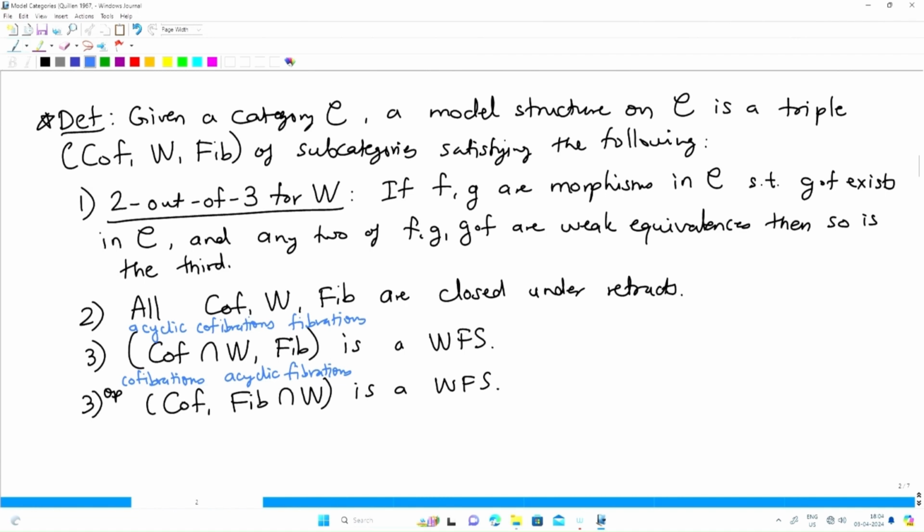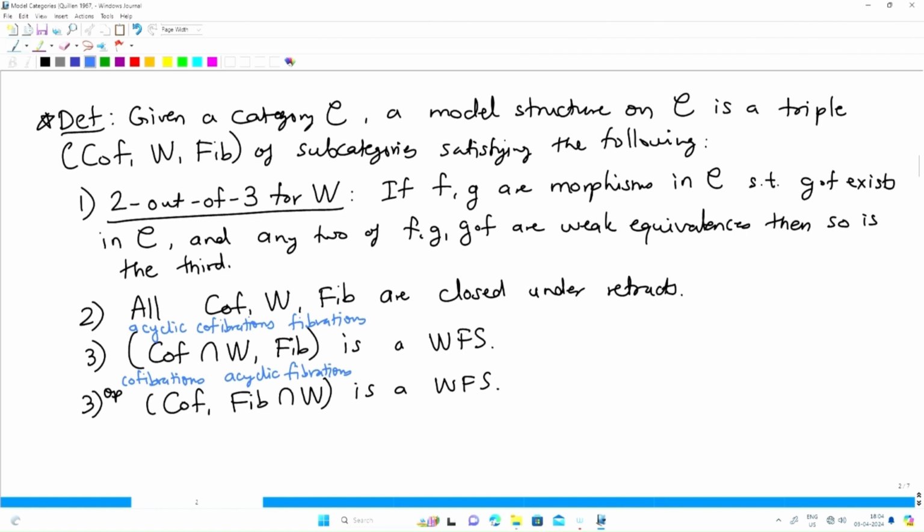And if you look at this data, then this data is symmetric. You can simply take the opposite category C-op, and the opposite morphisms of COF will become FIB in the dual category. Then the opposite of FIB will become COF and W will remain as it is. The roles will be reversed.